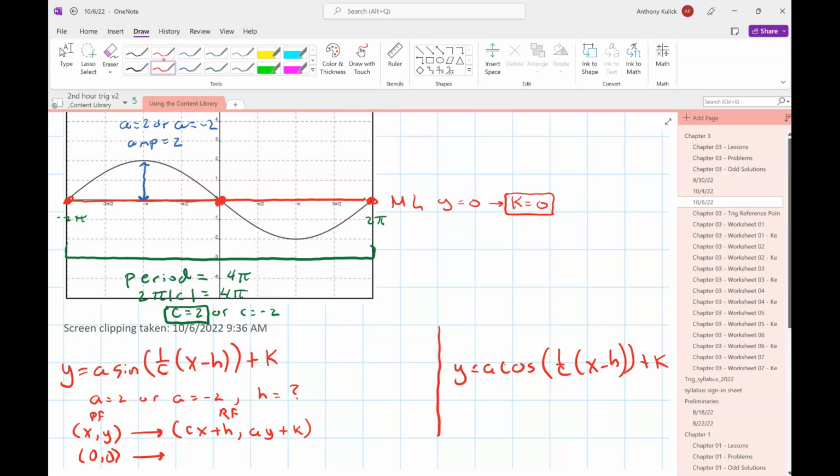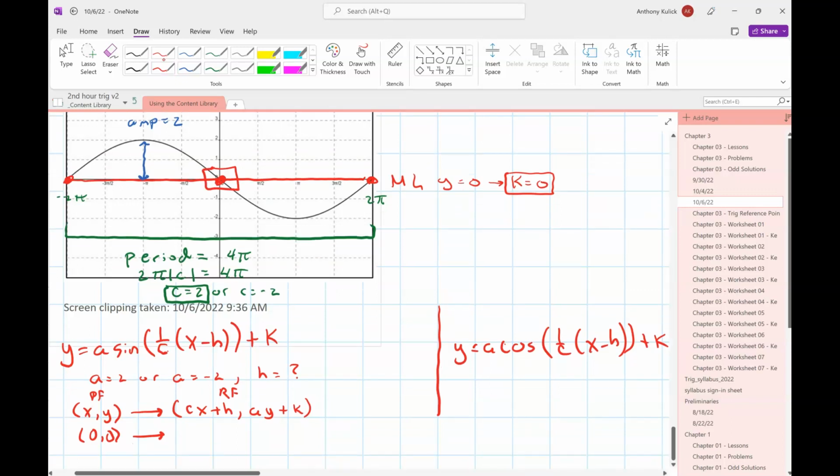Does it matter which one I choose? Not really. Any of them can give me the correct answer, so I'm free to choose, although the one I choose will affect the answer that I report. If you choose different midline points, you're going to get different answers, although they're equivalent correct answers. They can all still be correct. Everybody's cool? Which one do you want to choose? Yeah, why not pick 0, 0, right?